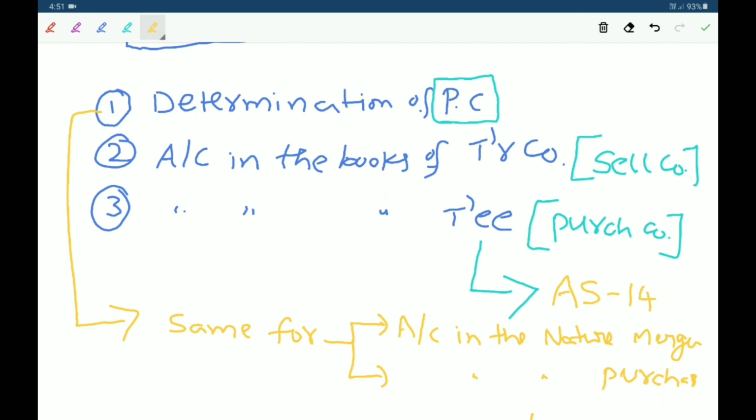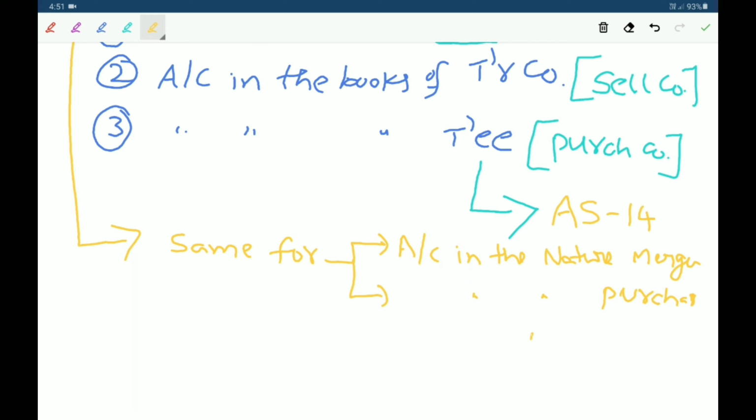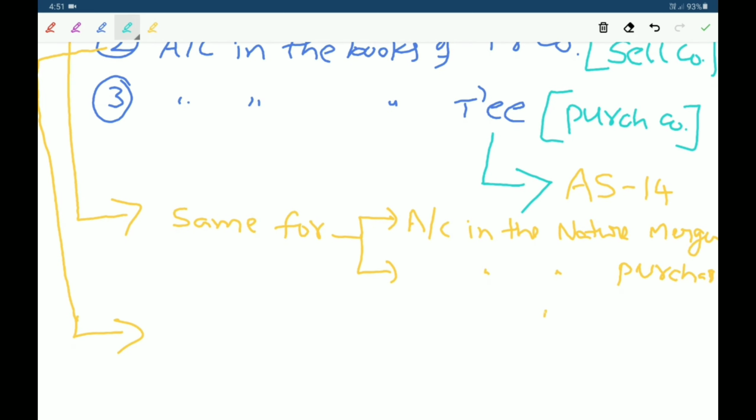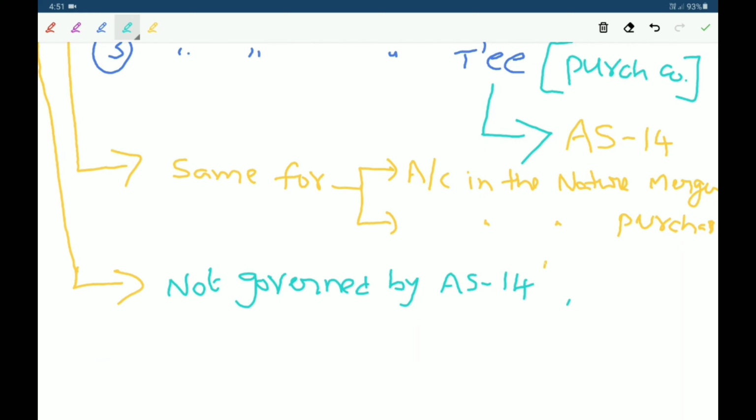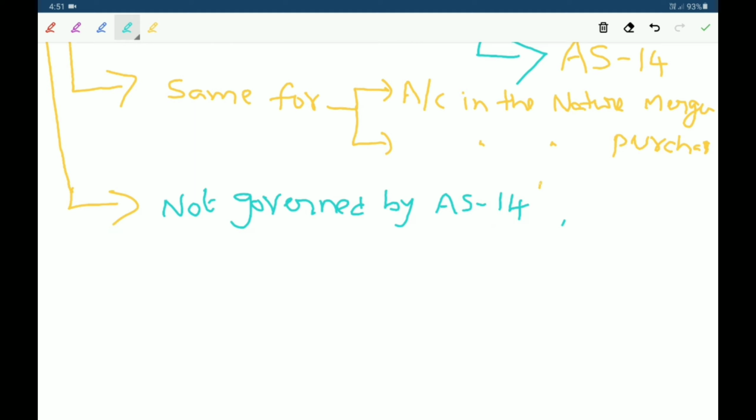Next, accounting in the books of transferor company, that means the selling company, is not governed by AS 14. Why is AS 14 not applicable to the selling company?